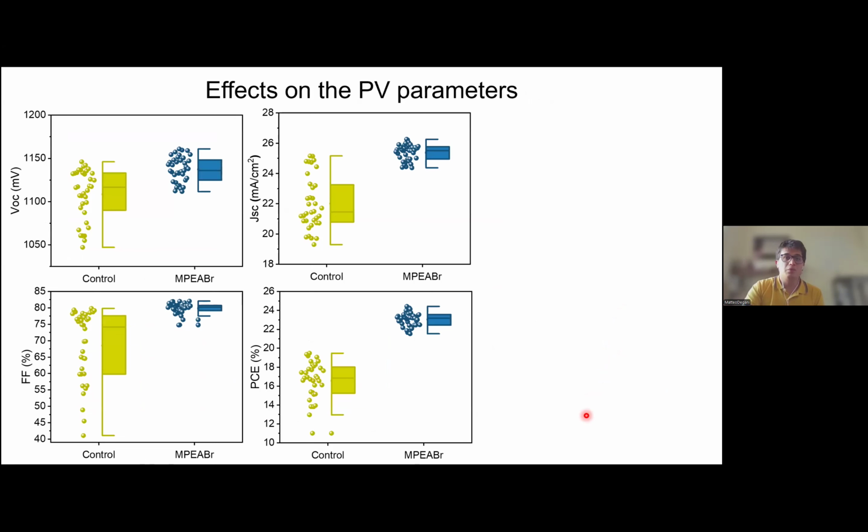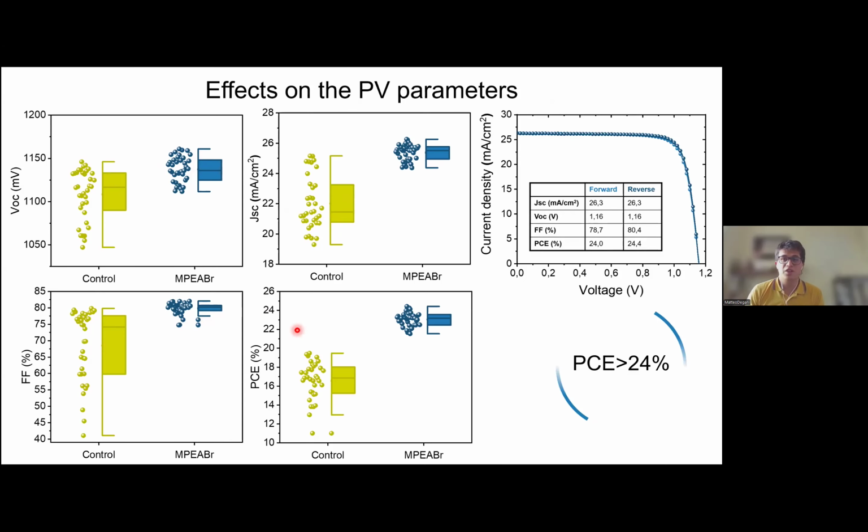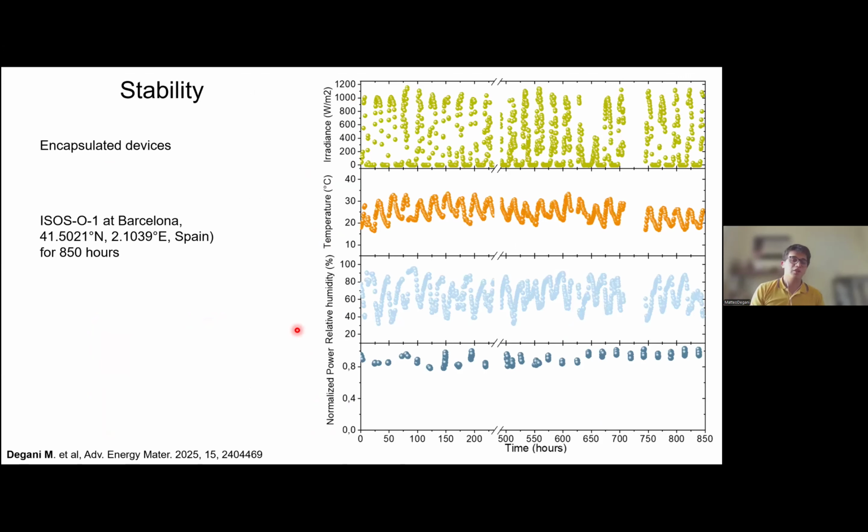And looking at the PV parameters, what we can observe is that there is an enhancement in the VOC, but also in the current and in the fill factor. And we managed to achieve an efficiency above 24%. So we were pretty happy. And in collaboration with the University of Barcelona, we also performed a stability test, an outdoor stability test.